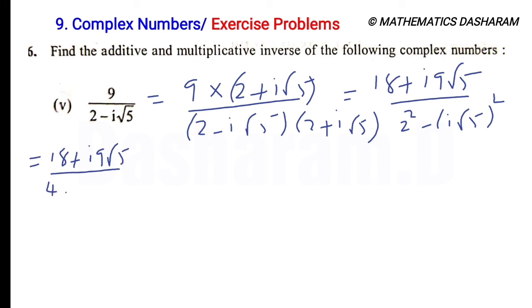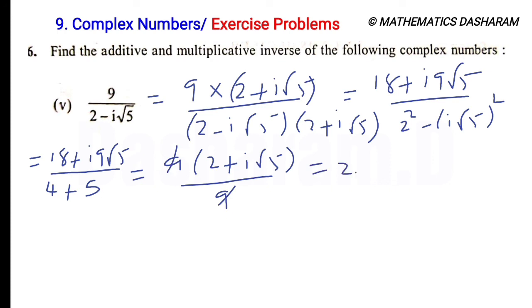So 2 squared is 4, minus i squared, so the total answer is plus 5. So from the numerator take 9 common, so 9(2 plus √5 i) divided by 4 plus 5, that is 9. Here 9 cancels, 2 plus √5 i.